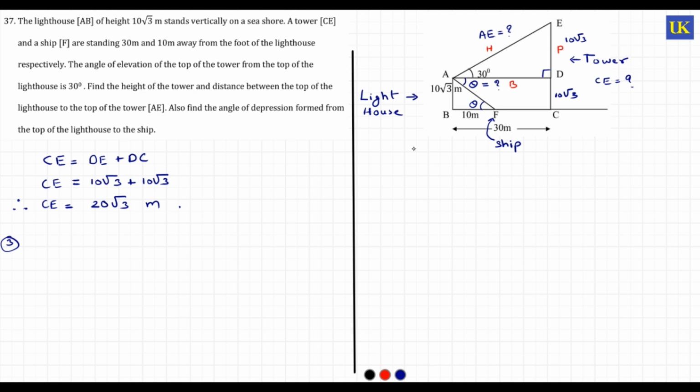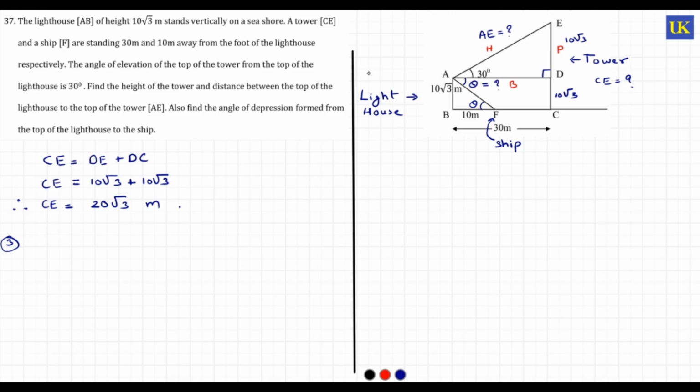So with the concept of alternate interior angles, we can say that both the angles are same if these two lines are parallel and if this is acting like a transversal. So we will try to find out this theta, and whatever will be the angle of this theta, this will also be the same. So if this is, for example, 30 degrees, then this will also be 30, like that. So we will find out now.